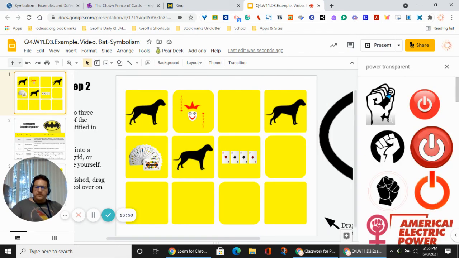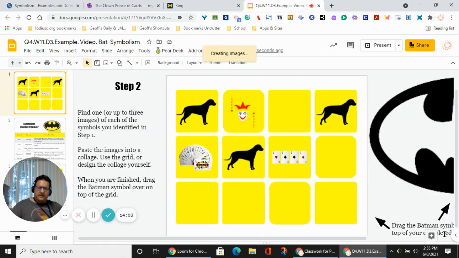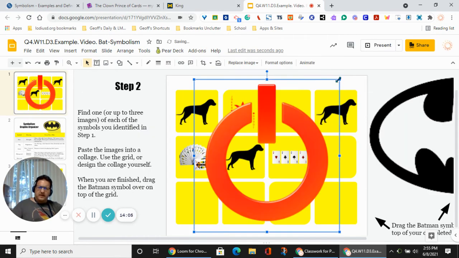So here I am looking for symbols for power now. Hey, that's fine. These are symbols for power. So I'm going to go ahead and use this one. It's funny because it's computer power in this case. Put that in.